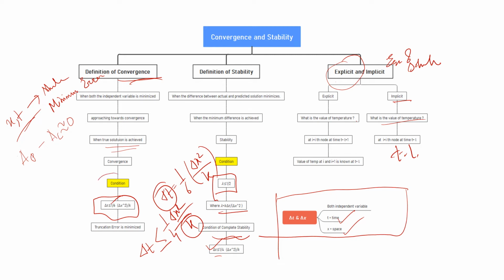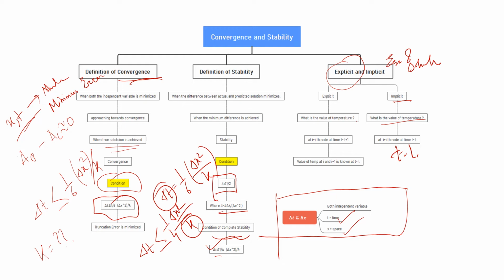So what is the condition to be met? The condition is that del t must be less than or equal to 1 by 6th of del x square divided by k. How k is calculated, I will come to later on.